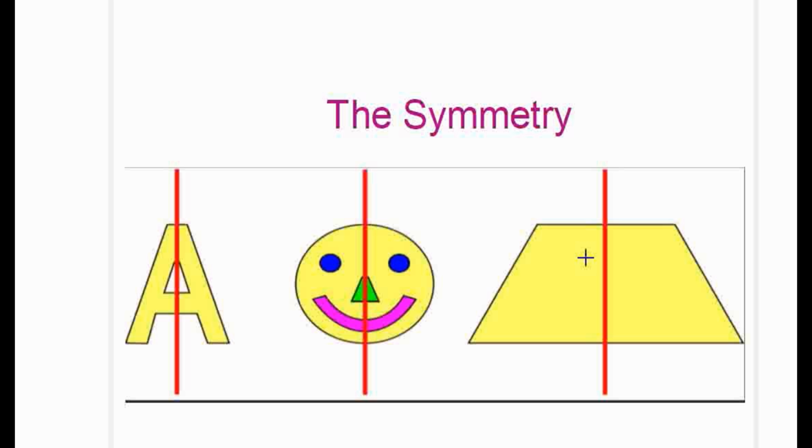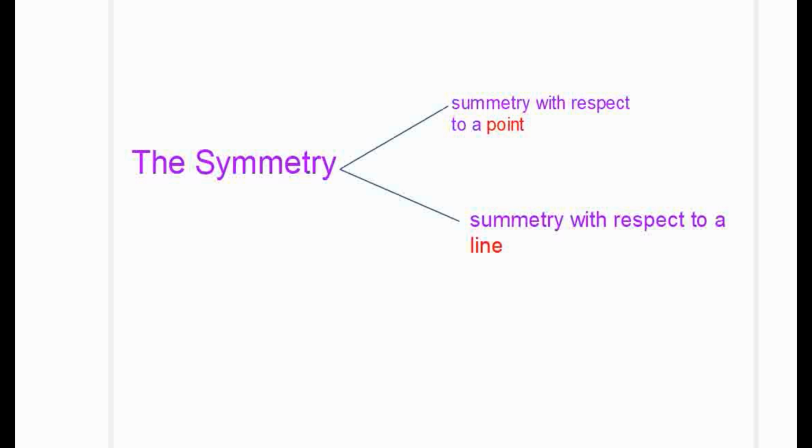For example, if we take any point here and see the distance from this point to the red line, and from the red line we will have another point which is its image on the second side. If we measure from this point to the red line, it will be the same distance from the red line to its image. So this is the symmetry, and we will talk about it.